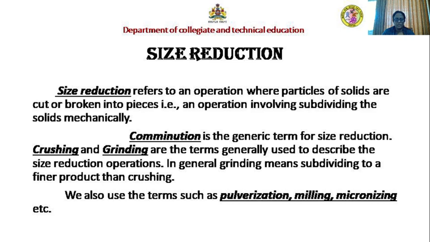So coarse size reduction is usually termed as crushing. Then if the particles are getting reduced to very fine size, then the term usually used is grinding. So we also have other terms for the description of size reduction operations like pulverization, milling, micronizing, etc.